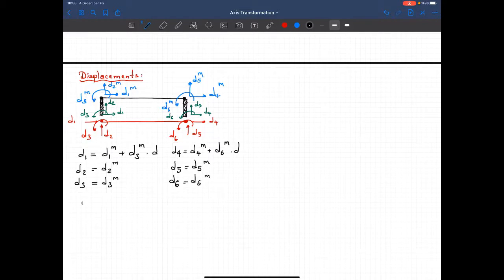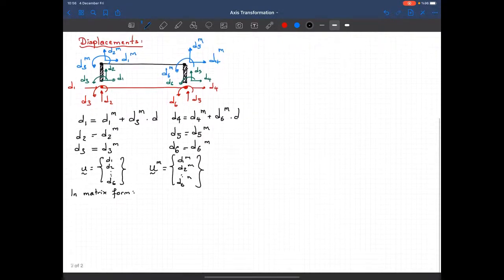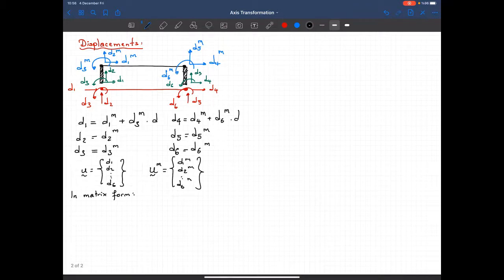So if I say that my U vector is equal to D1, D2, up to D6, and my UM vector is equal to D1M, D2M up to D6M, and if I want to write these relationships in matrix form, I have the following relationship.